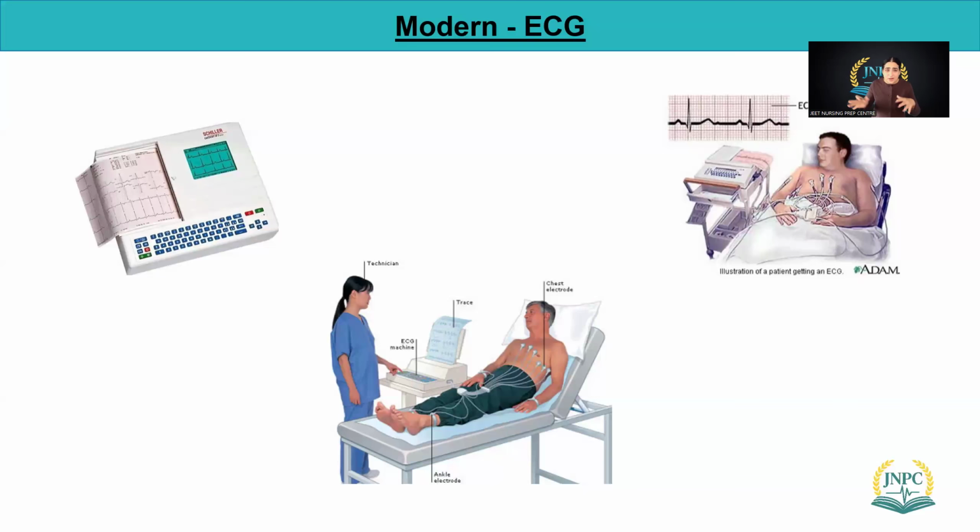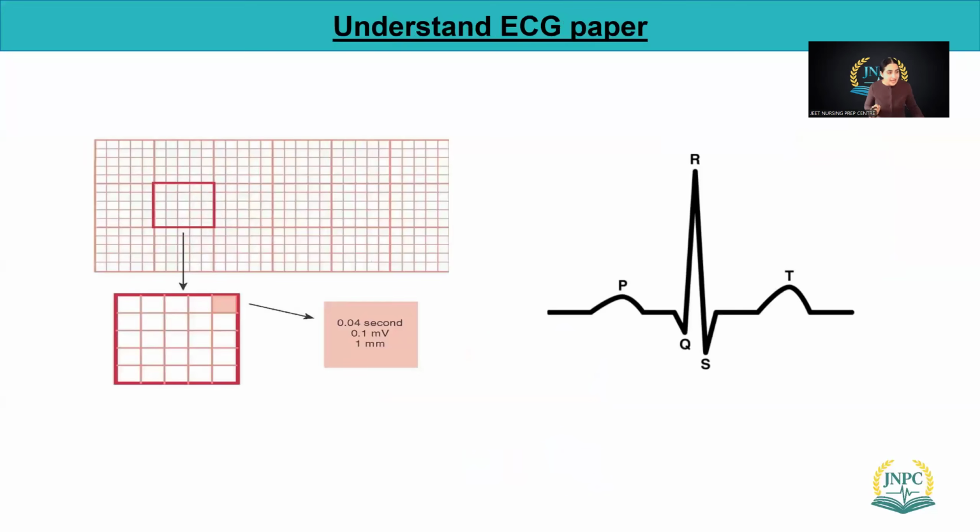And how to interpret? Now we will see slowly. Stay there. Before we start, I want you to really pay attention to this piece of paper. ECG paper looks like this, something like light red color, right? If you look with a detailed eye, we have bold lines and very large boxes here.